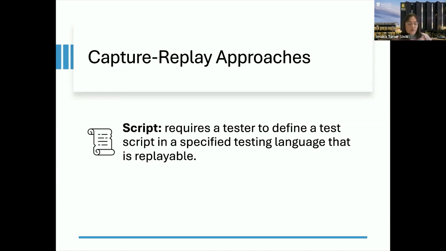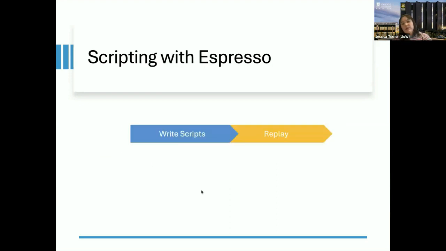So with Android Studio in particular, this means that someone has to come along and write each of the different scripts in either Java or Kotlin, and then make sure that these execute by replaying them and using Espresso. So if we look at the diagram that we had before, we've essentially missed out that first step. So we have scripts that we write and then we replay them. The problem with this is that, oh, we're going to go to our next slide.